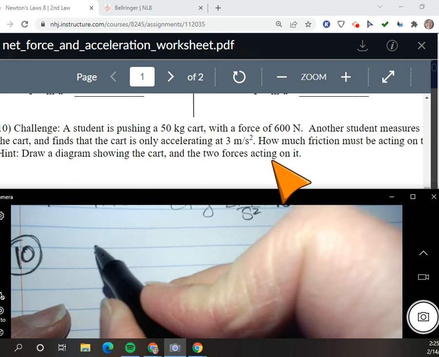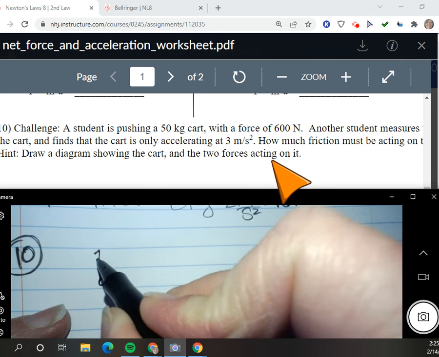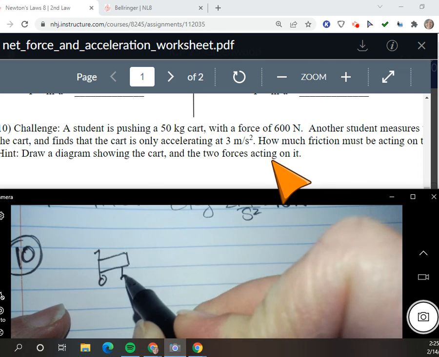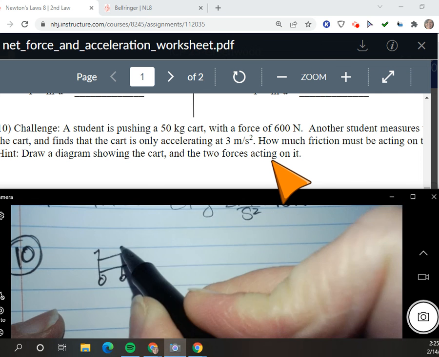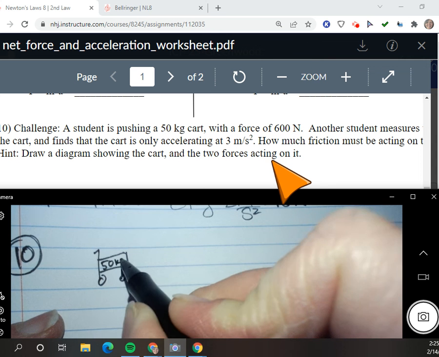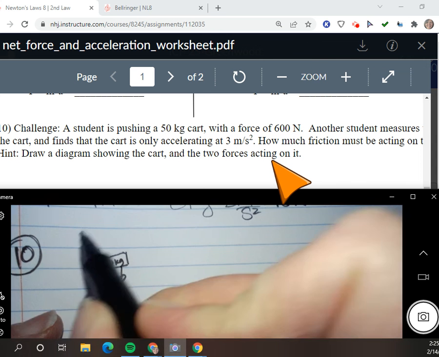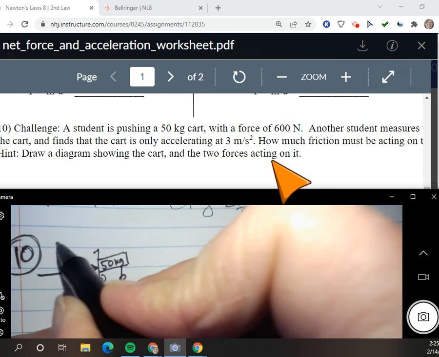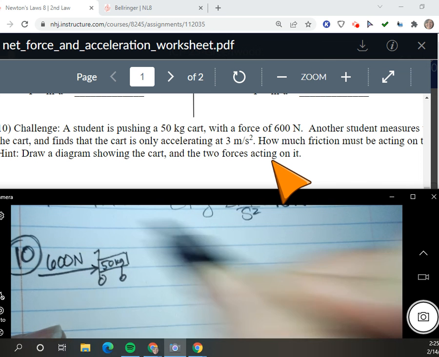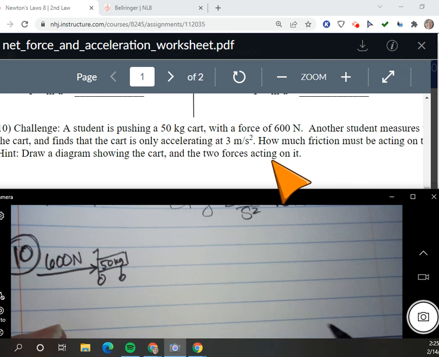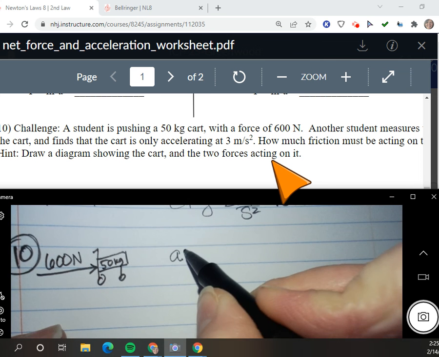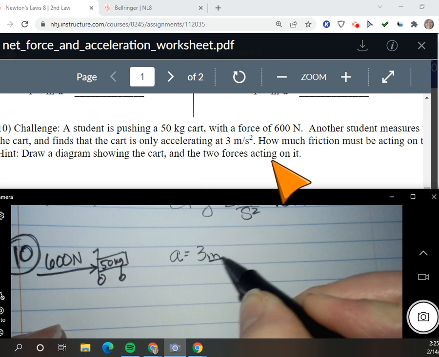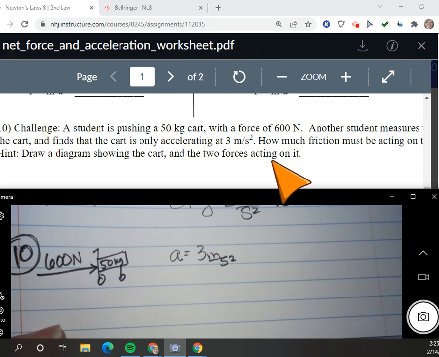All right, so if I have my cart, and it is 50 kilograms, there is a force, so one student is pushing with a force of 600 newtons, and acceleration is 3 meters per second squared.